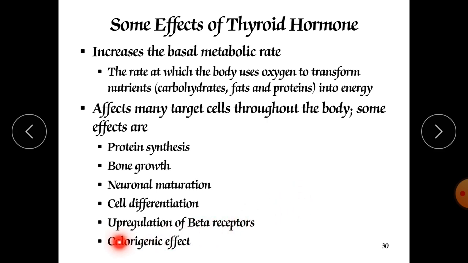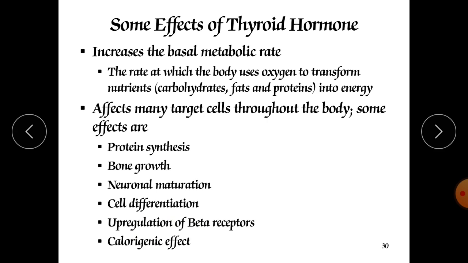The next important function is calorigenic effects. This calorigenic effect is also a very vital effect. It is produced by enhancing the sodium potassium pump in the follicular cells. They enhance that pump, due to which the sodium ions are released from the cytosol, and the potassium ions are taken back into the cell.